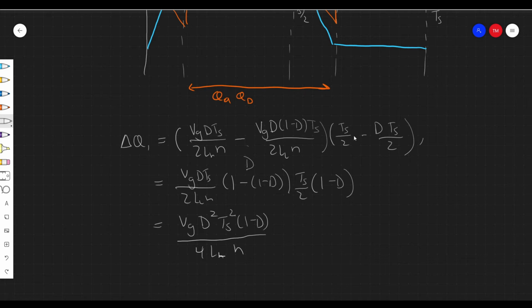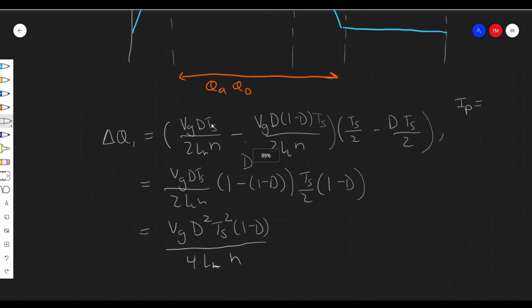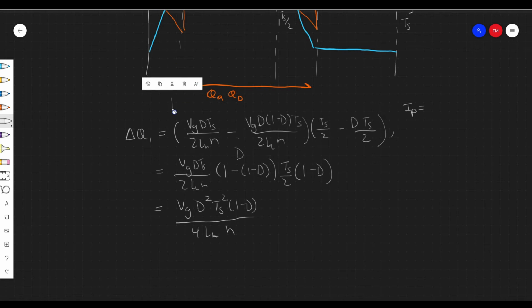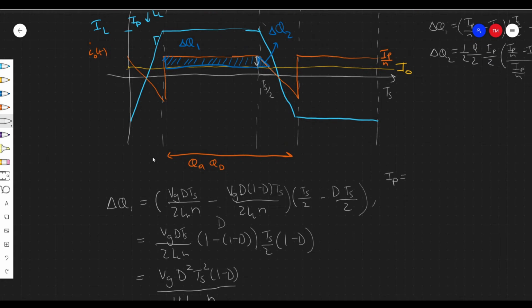And so to be clear, I derived this from I peak. So I peak is simply equal to, well, going from minus I peak to I peak, or from 0 to I peak, is simply Vg plus V out over N, all over L, times half of phi, right?